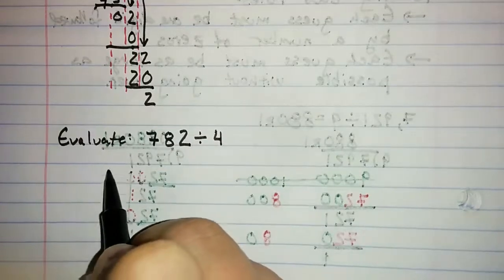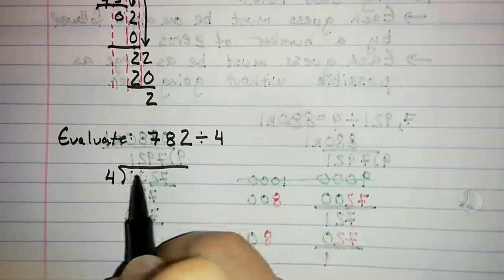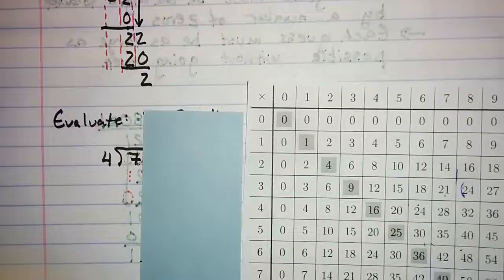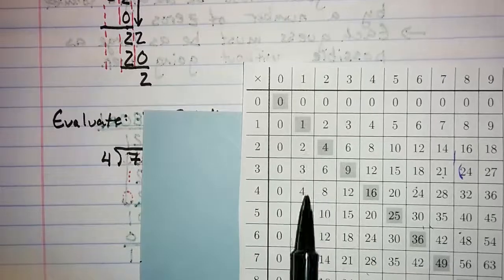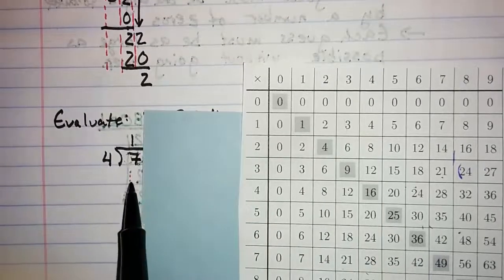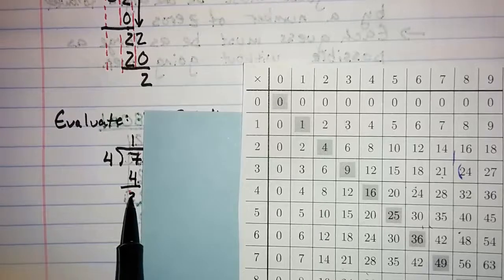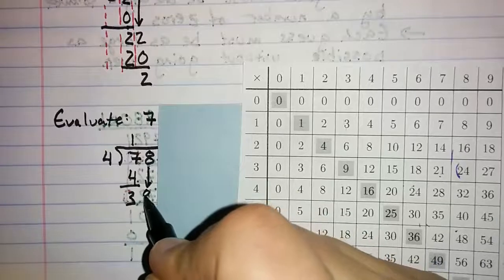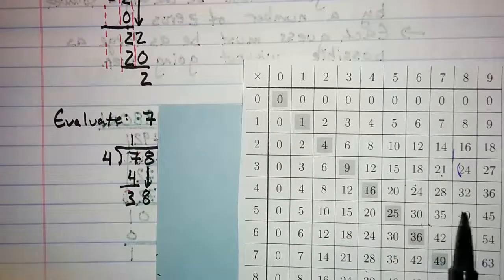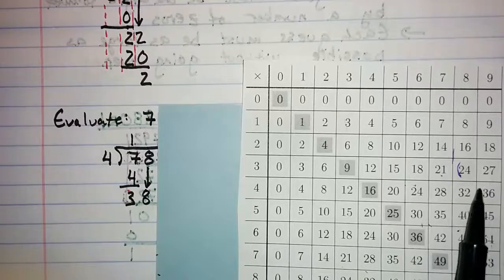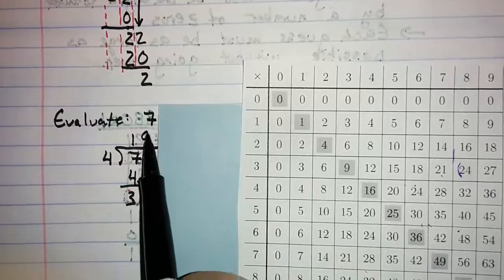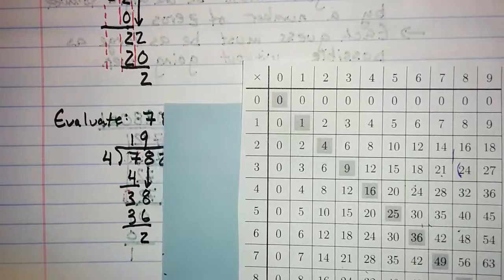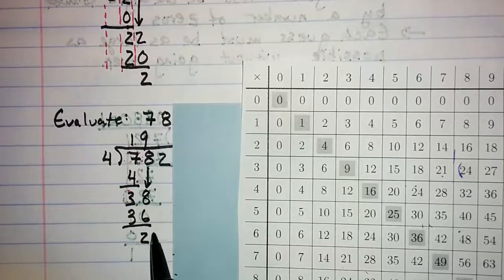Alright, so first we're going to set up the division bracket. 4 into 782. So 4 does go into 7, doesn't it? Only once. 1 times 4 is 4. We have 3 left. Bring down the 8. 4 goes into 38. Oh, I see, it goes in 9 times, using up 36 things, with 2 left over.